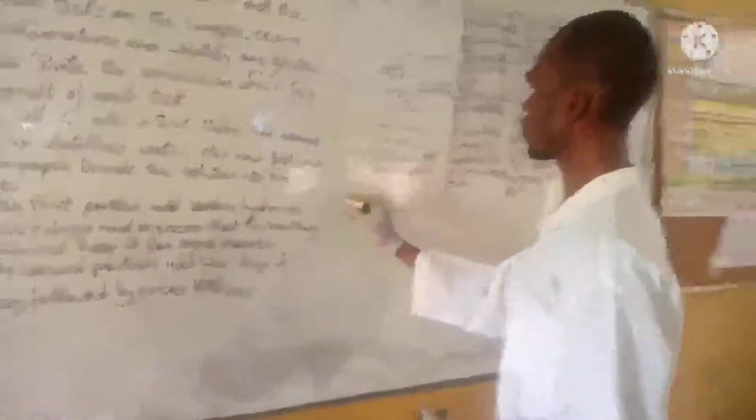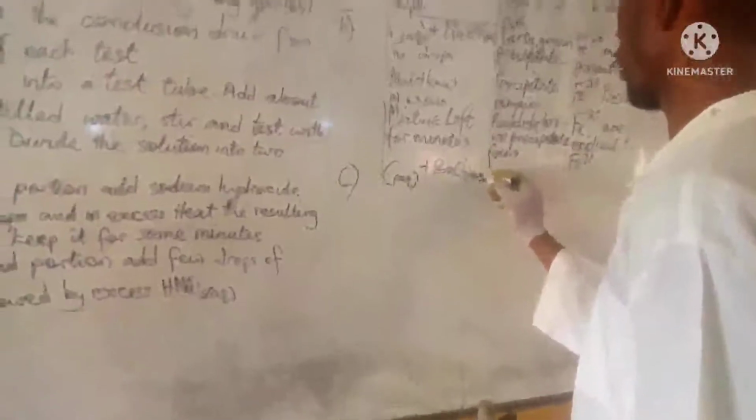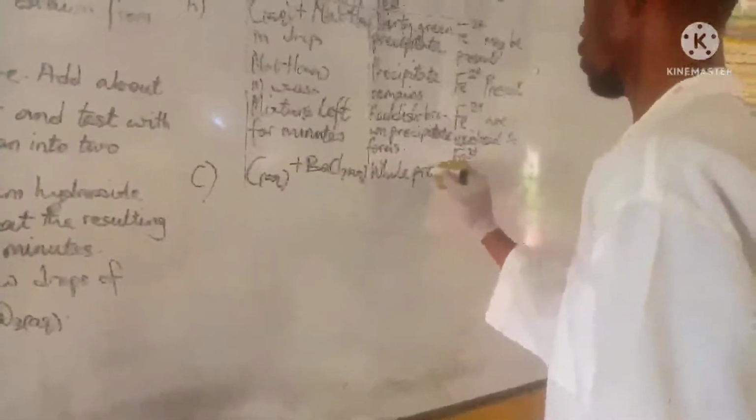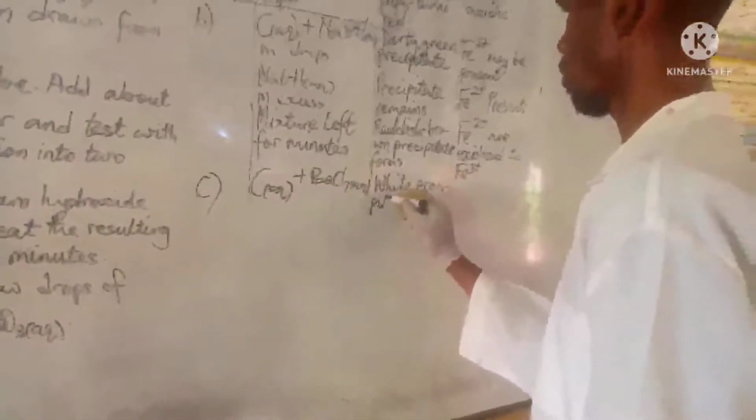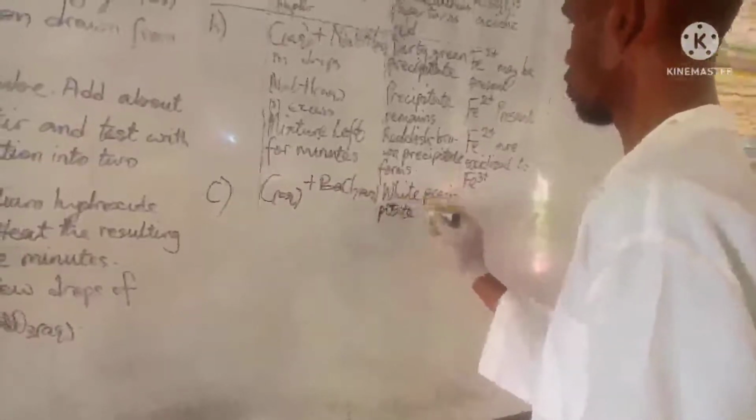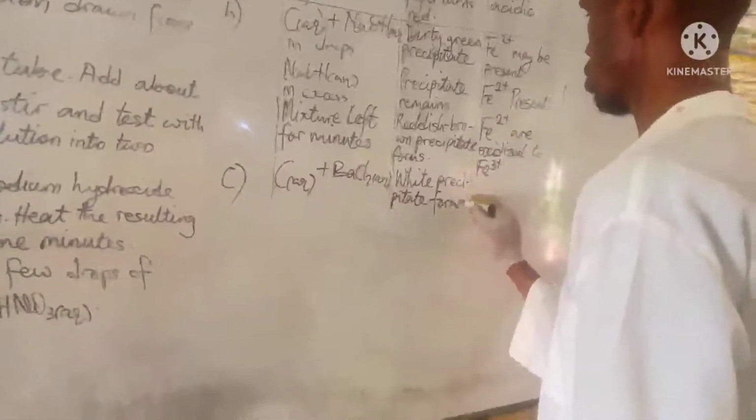So what do we infer here now? So we have C aqueous plus barium chloride aqueous, white precipitate formed.